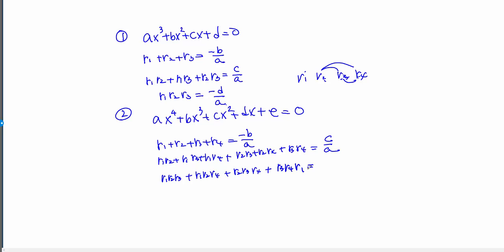Okay? All together, the next one is what? Negative d over a, right? Minus, plus, minus. The next one is all 4, r1 r2 r3 r4, which is positive again, e over a. Okay? Alright, that's it.